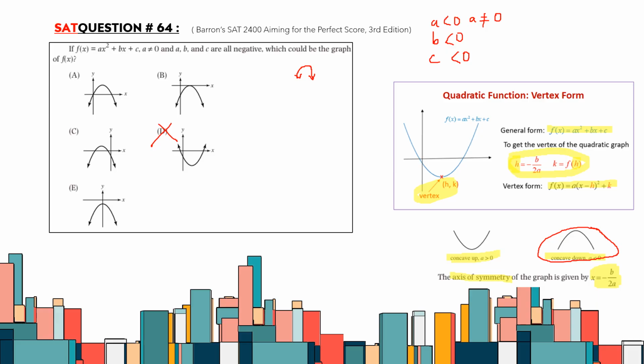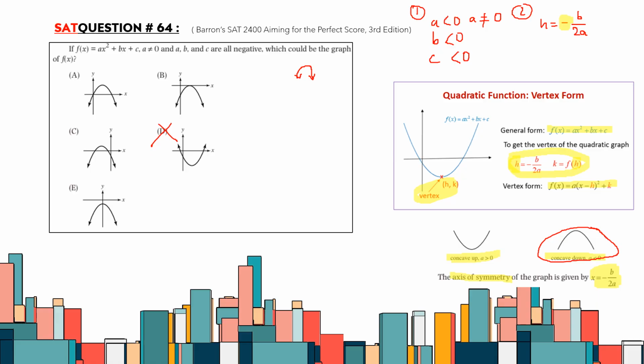Now the axis of symmetry is h = -b/2a. Remember, b and a are both negative. With this negative in the front, it will still be negative, because it will look like this.